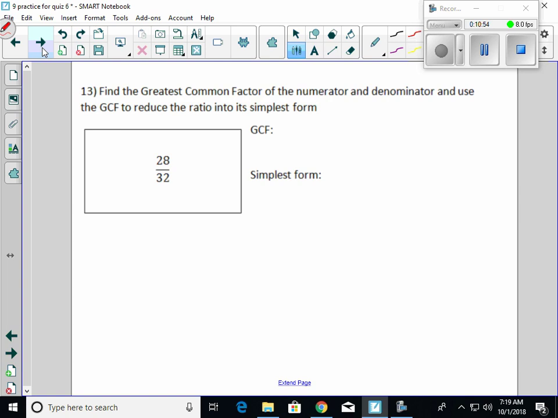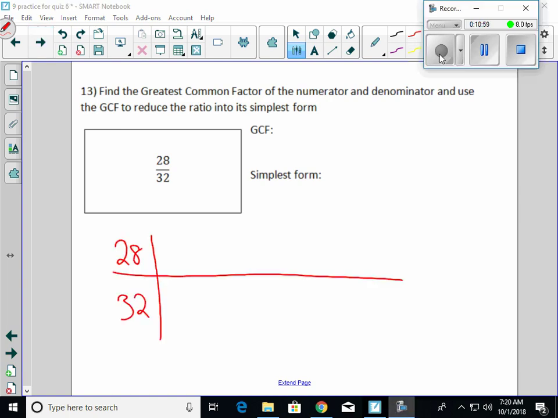Okay, one more. Reduce 28 over 32. Let's check our factors. So I'm not sure of this one. 2 times 14. 3 doesn't work. 4 times 7.